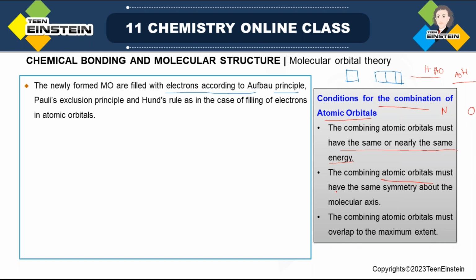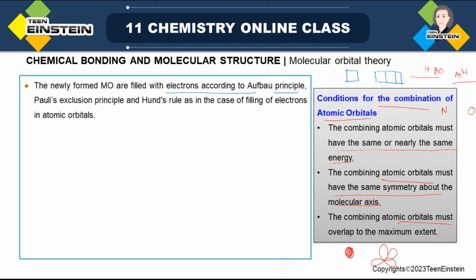The combining atomic orbitals must have similar symmetry about the molecular axis, because in the molecular axis there is overlapping occurring, so proper symmetry must be present. That is why you will never see any bond between an s orbital and a d orbital, because of the same reason.